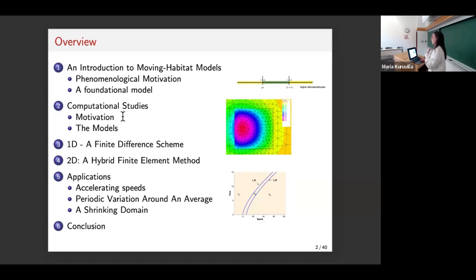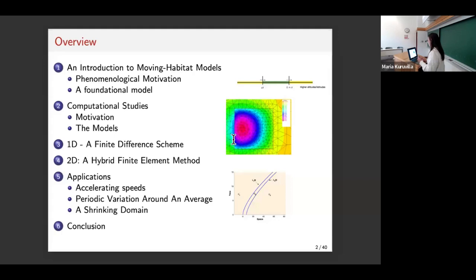So I will talk about why I was interested in computational studies, what motivates them, and what the models, the equations that I write down, are for a computational study, and introduce you to a scheme in 1 dimension, one spatial dimension being a finite difference scheme, and also a hybrid finite element method in 2 dimensions. So this you can see would be density over a spatial grid for a finite element method.